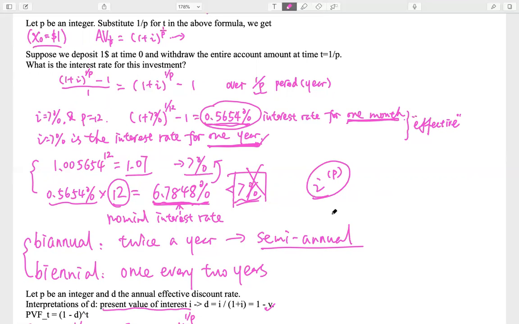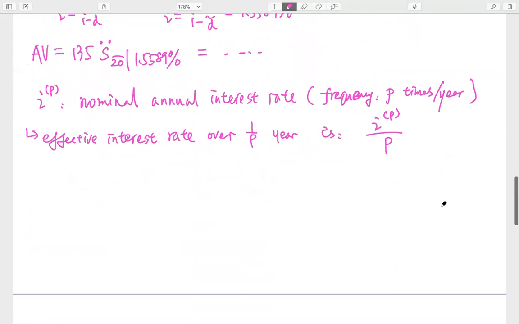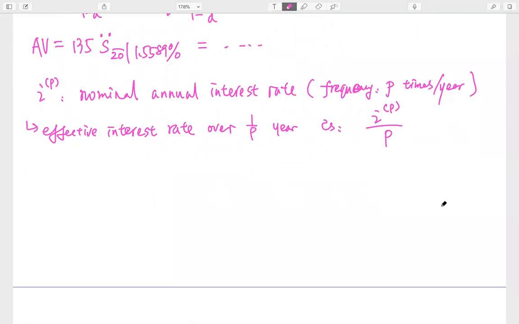If I divide by p, what I get is exactly the effective interest rate per month, because here month is my unit. This i upper p divided by p would be the effective interest rate for the period, because sometimes it's not monthly, it could be quarterly, it could be semi-annually, depending on the value of p, okay?